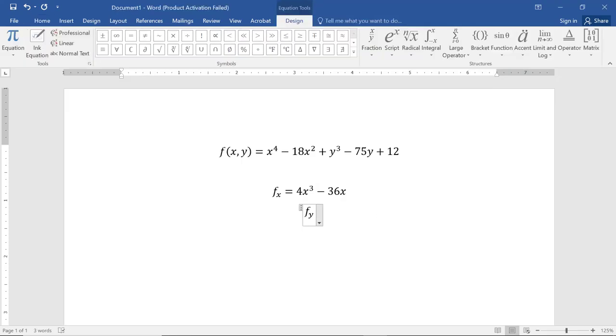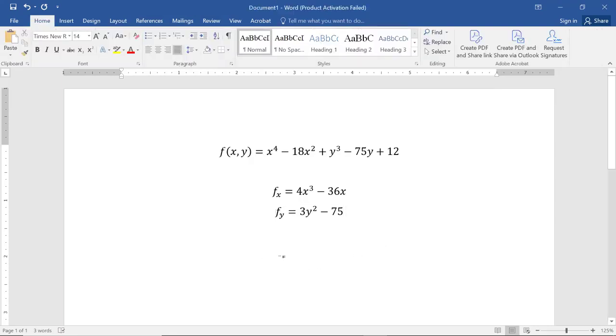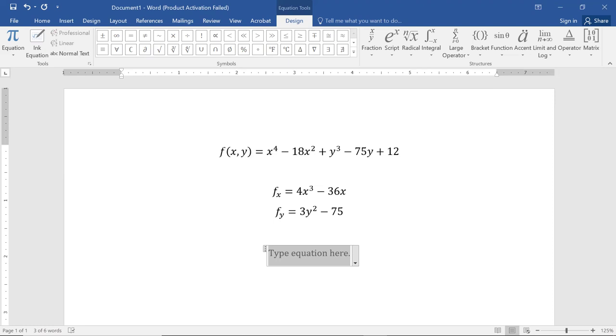And f sub y is going to be 3y squared minus 75. Those are two equations, and they both have to be 0 simultaneously.